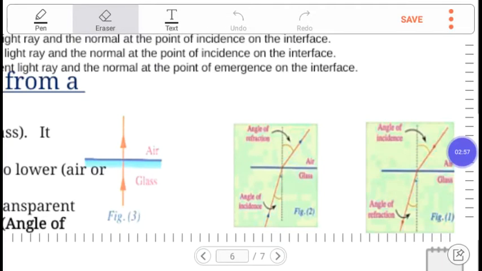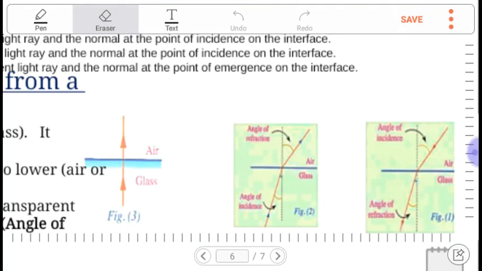In figure A, this is the first case of the light ray passing from the air to the glass, from the lower to the higher. The angle of refraction emerges near to the normal line, so the angle of refraction is smaller than the angle of incidence.